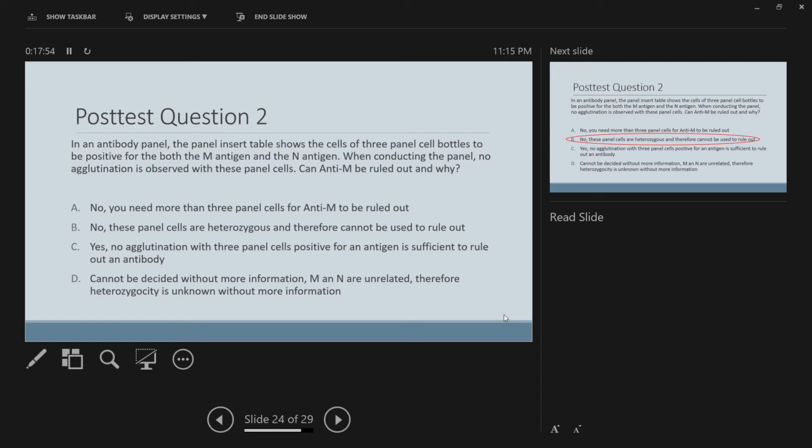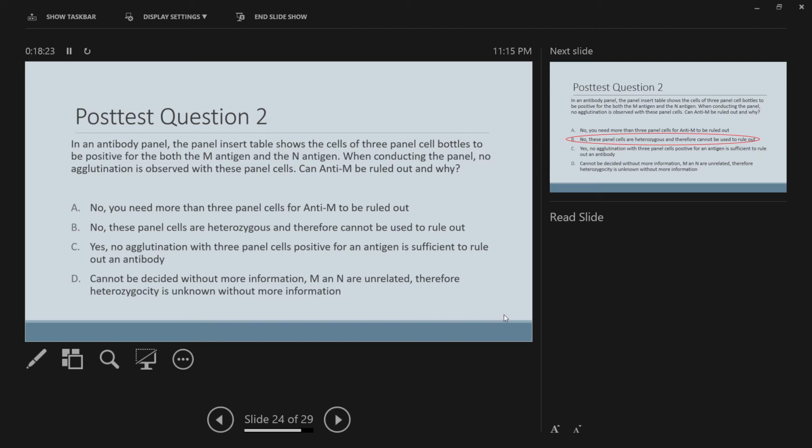Question 2. In an antibody panel, the panel insert table shows the cells of 3 panel cell bottles to be positive for both the M antigen and the N antigen. When conducting the panel, no agglutination is observed with these panel cells. Can anti-M be ruled out, and why? A, no, you need more than 3 panel cells for anti-M to be ruled out.